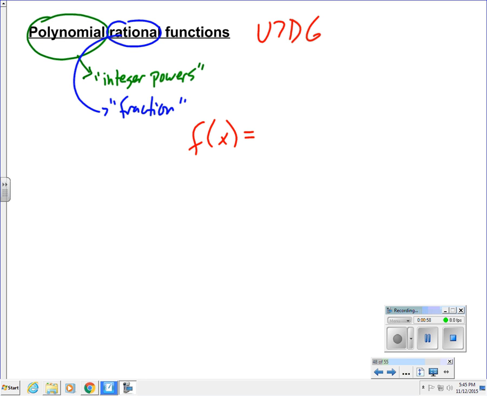So something looks like polynomial over another polynomial.